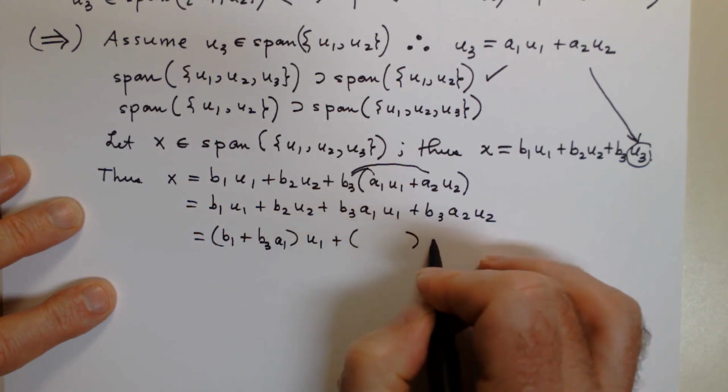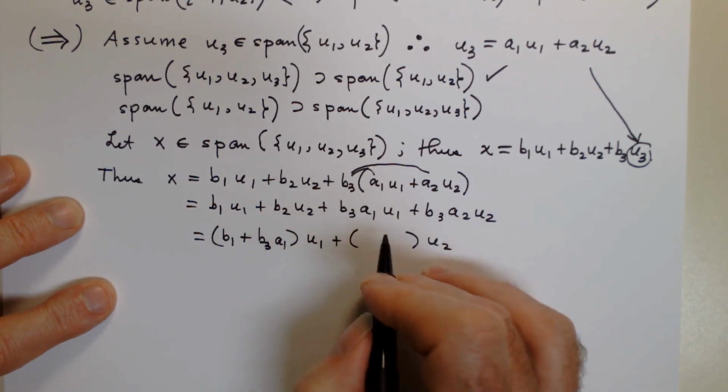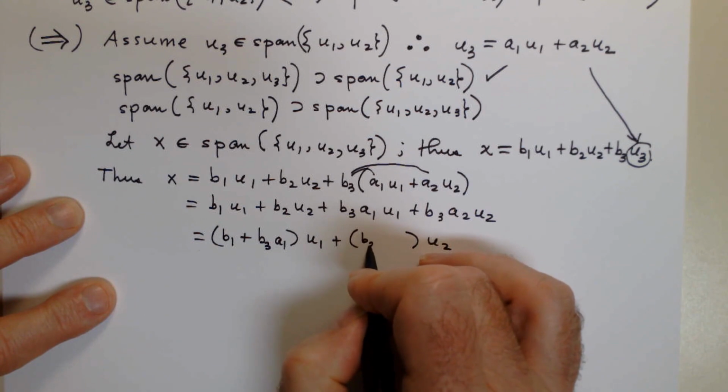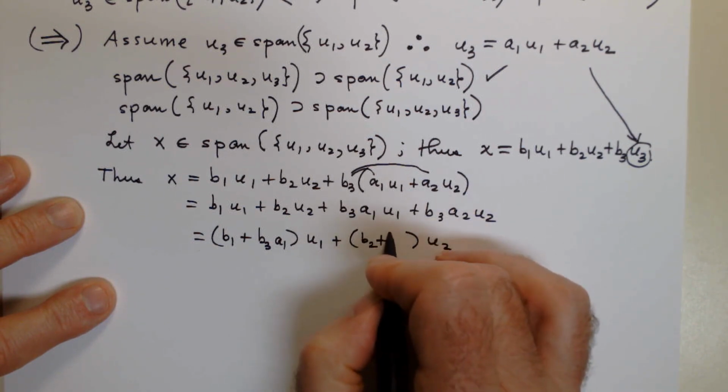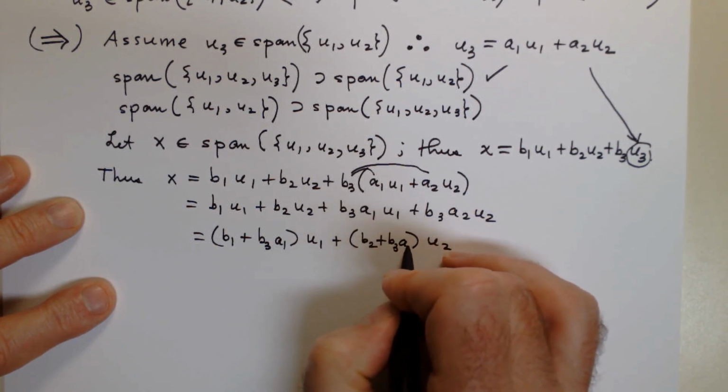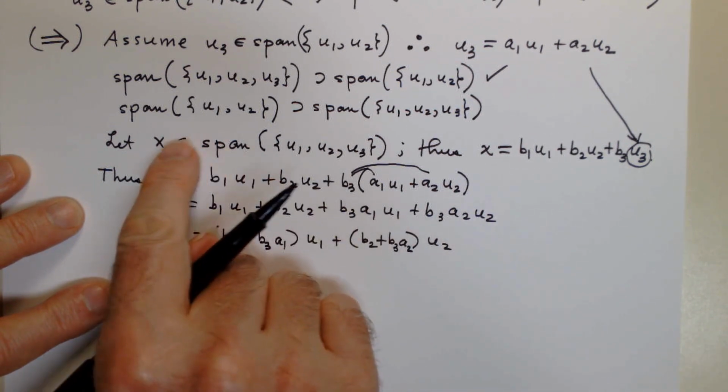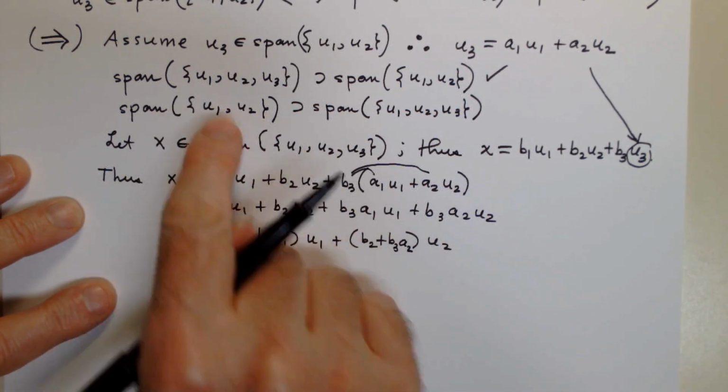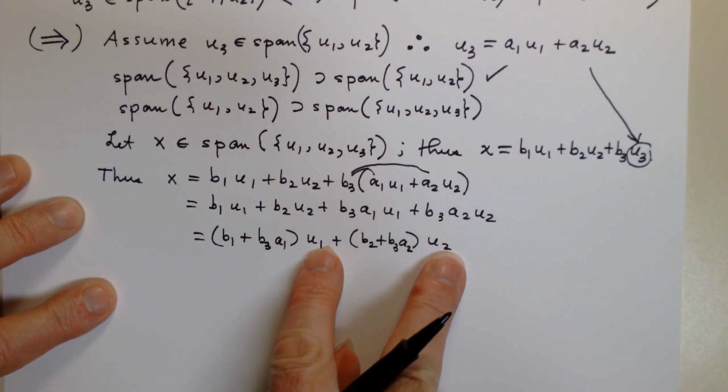And multiplying U2 will be a single scalar, B2 and B3A2. And now we're done because that means X is in the span of U1 and U2.